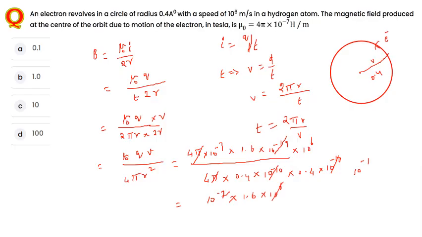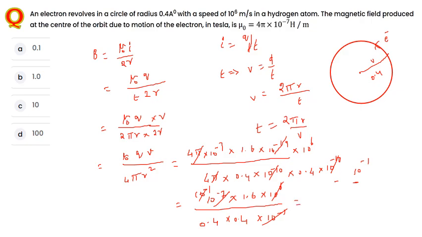You just cancel here, so you have 10 power minus 1 divided by 0.4 into 0.4. Now 0.4 into 0.4 you just cancel here.